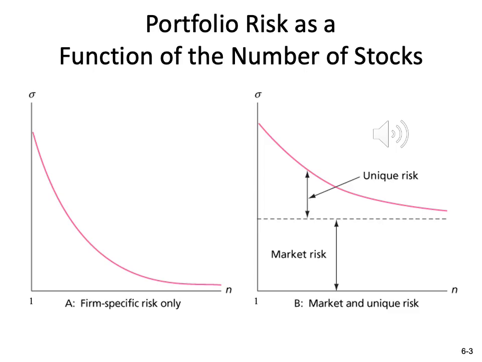So combining the market risk and the unique risk together, the pink line here is the total portfolio risk. When we talk about diversification, we're talking about diversifying away the unique risk by holding more stocks in your portfolio, but you can never diversify away the market risk.